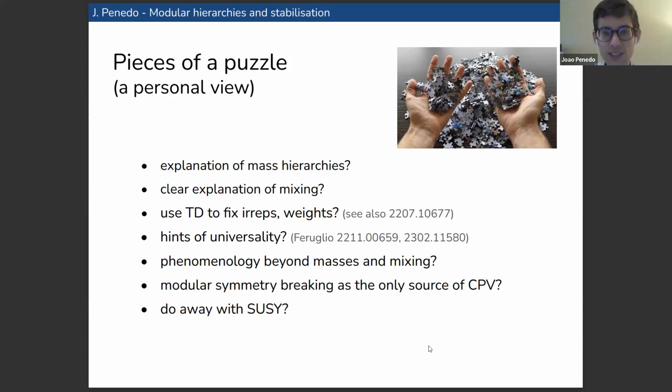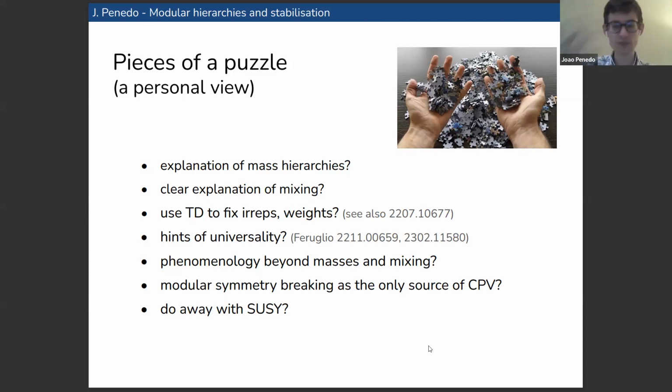And actually, there were a couple of papers by Feruglio on this possible universality near some symmetric points, which will also be discussed in what follows. Of course, phenomenology beyond masses and mixing is welcome, not just fitting and predicting masses or mixing or CP violation, but something more.